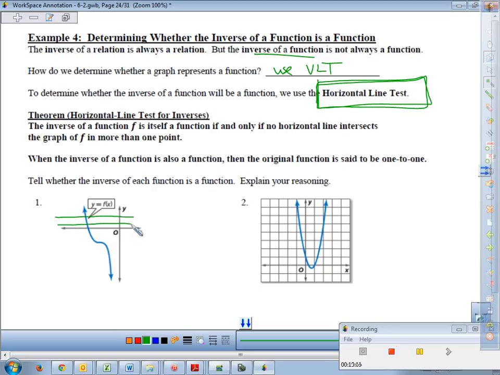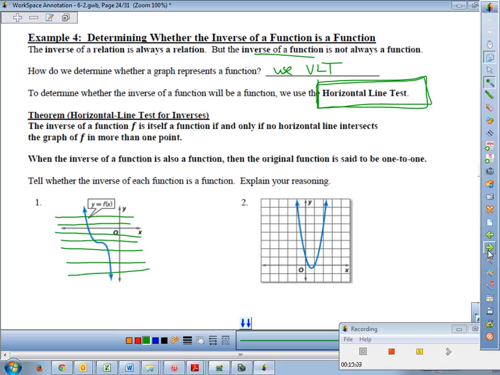One spot. It looks weird right there, but it's going to pass. I know that's new to us, but this does pass the horizontal line test. So what does that mean? Here's what it means.